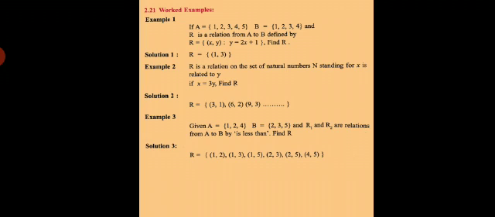Next example, third one. Given A is equal to {1, 2, 4}, B is equal to {2, 3, 5} and R1, R2 are relations from A to B by 'is less than', find R. Here, the same relation R you have to find, but the condition here is 'is less than', means the first element should be less than the second one. Like that you have to frame an ordered pair.